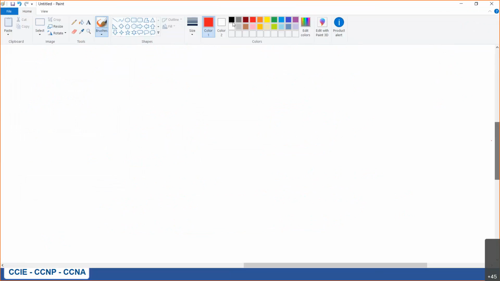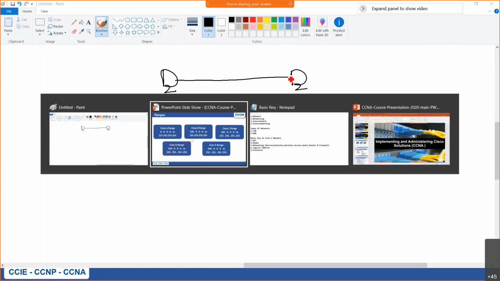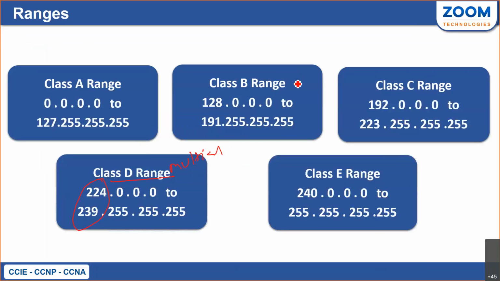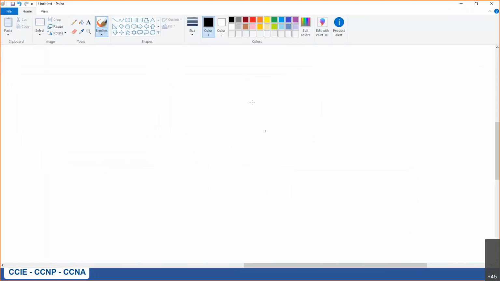Okay, now coming to the same example, guys. Here PC1 and PC2 are both connected. So I have one office. This is device 1, device 2, device 3.